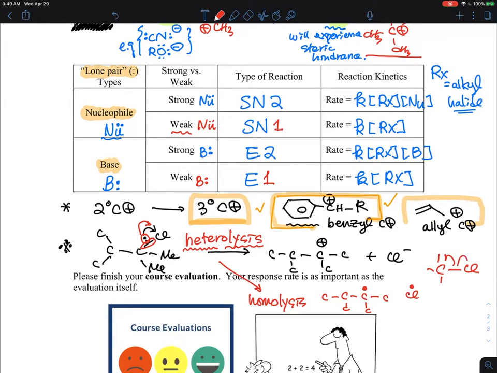They use the fishhook arrows, and one of the electrons is taken out one by one. So it's halfway through the split, and you develop this. It's like an even split of the two electrons in the bond, and this is what is called homolysis.